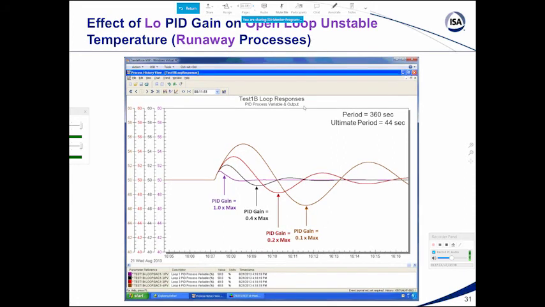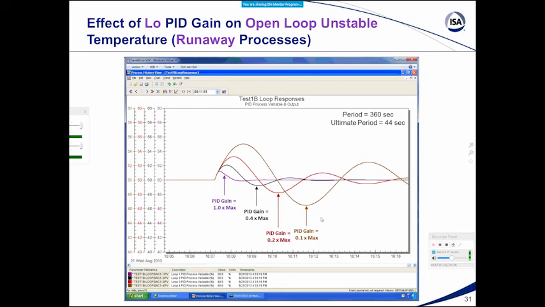Anyway, for runaway processes, and this can be kind of understandable, if you get into low PID gains, you really get into a safety problem, because the only feedback there is through the PID temperature controller. The process itself is running away and has this positive feedback going on, accelerating things.